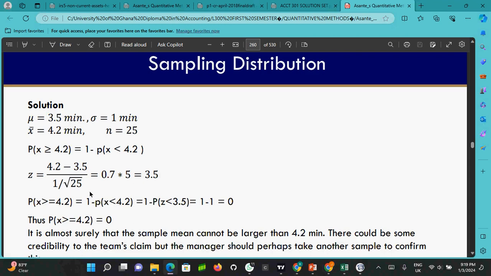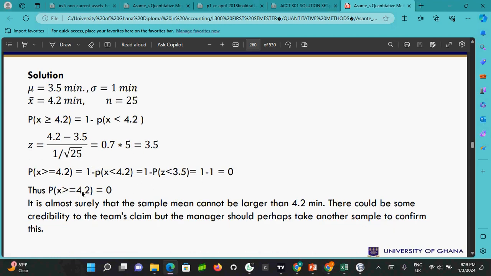That's the same thing. So the probability is 1 minus the value for 3.5 on the table.